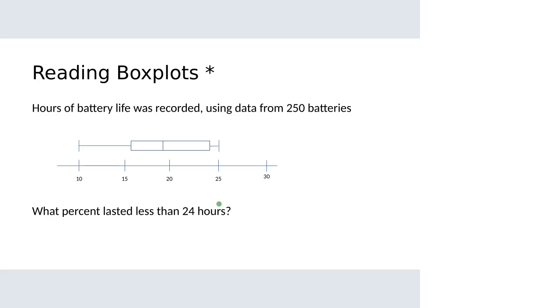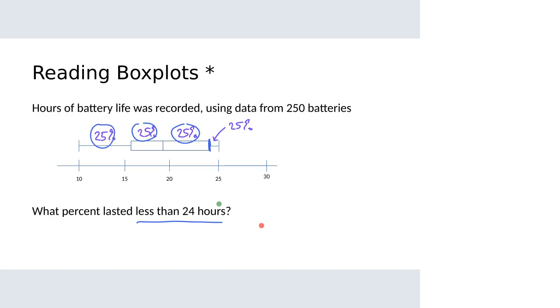Well, we know that the quartiles cut this into 25% of the data here, 25% here, 25 here, and 25 here. If we want to know what percent of the data points are less than 24 hours, we need to identify where 24 hours is, and then less than that would be everything over here.